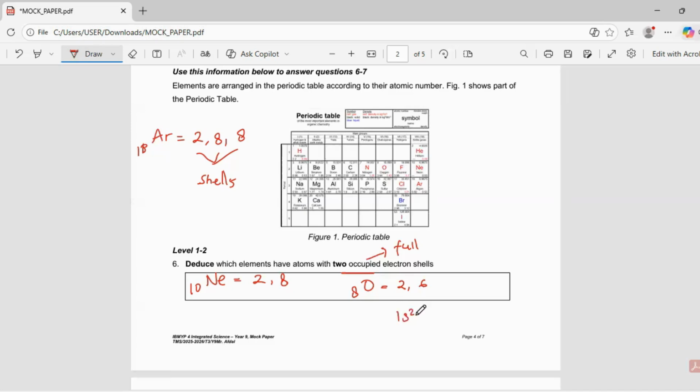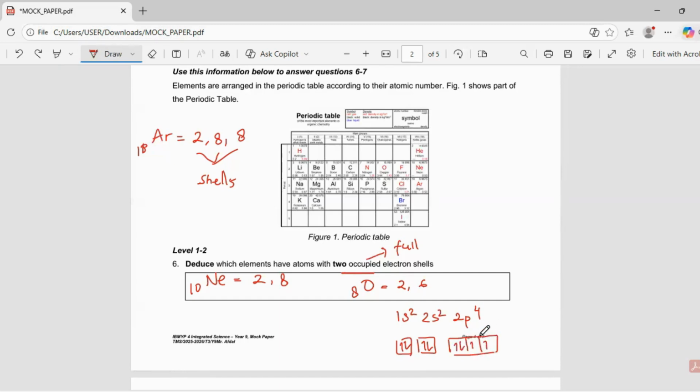You have to write the orbital electronic configuration: 1s2, 2s2, and then you get 2p4. From the boxes, 1s2 contains 2 electrons, we have 2 arrows, 2s2 the same. And for 2p4 it will look like this: 1, 2, 3, and then 4. And look here, we have two not filled, we have two extra spaces that can be occupied by electrons.